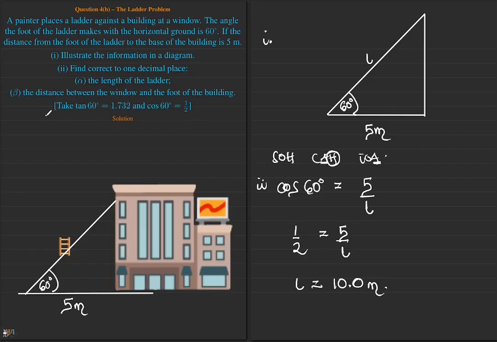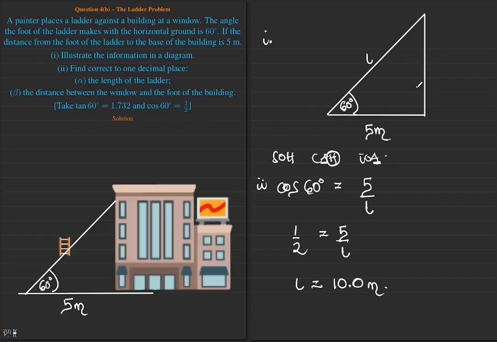The third part of the question says find the distance between the window and the foot of the building. For this part, you can solve it in two ways. The first one, the tangent deals with the opposite and the adjacent, and we already know what the tangent of 60 is.